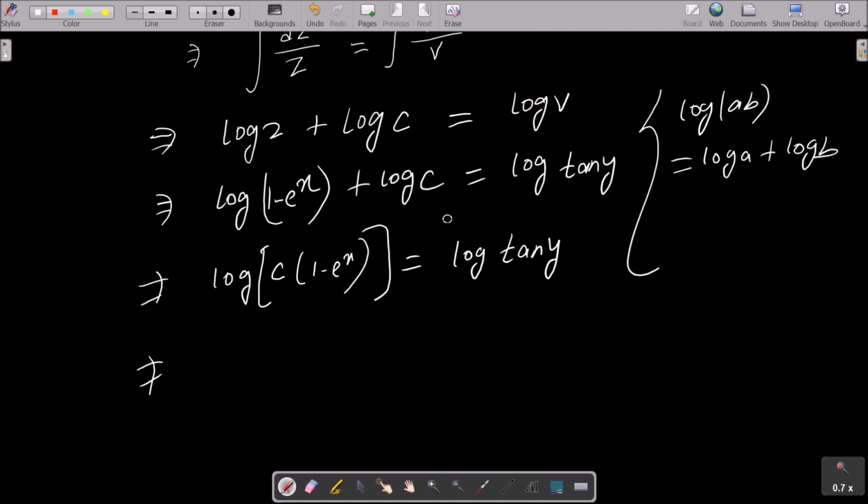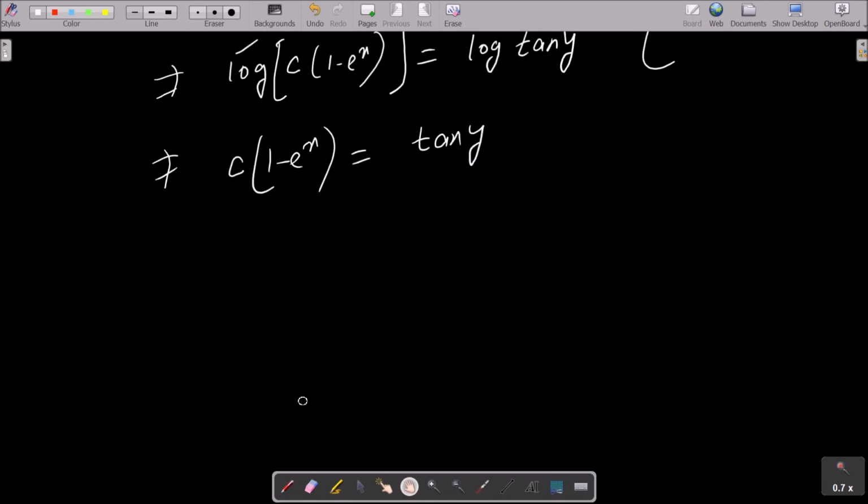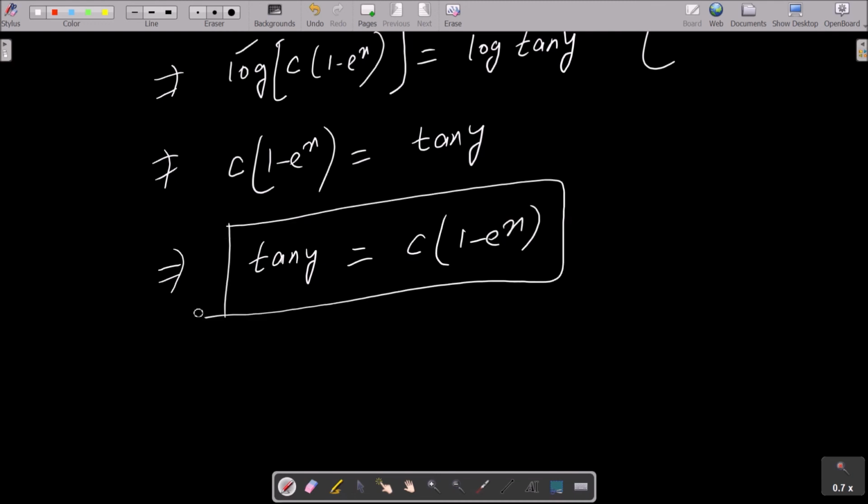Both sides have the log, so the log is going to be eliminated, so c (1 − e^x), and then you can get tan y. So tan y equals c (1 − e^x). So this is the general solution of this differential equation.